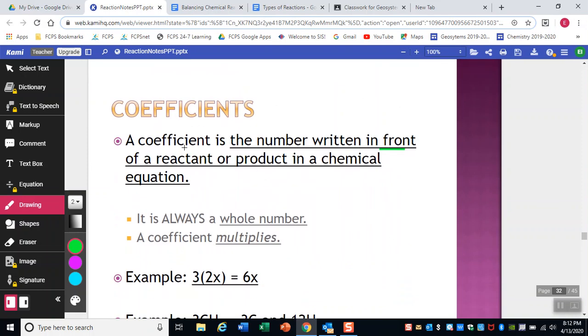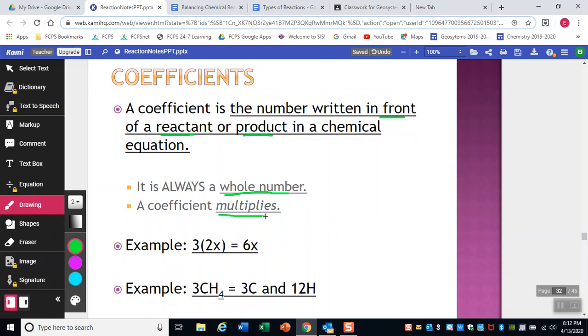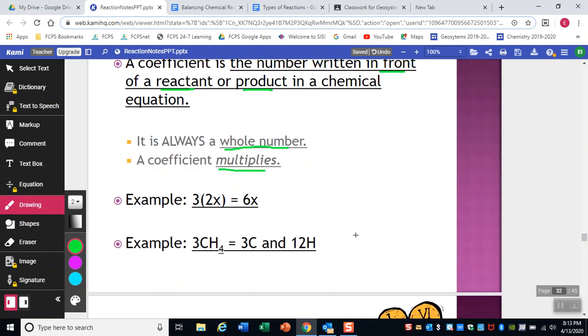So your coefficients are the number in front of a reactant or a product, all right? It's always a whole number, like 1, 2, 3, 4, 5, a counting number. And what it does is it multiplies things, just like in algebra, right? If I had 3 2X's, that means I have 6 X's. If I have 3 moles of methane, that means I have 1 methane, 2 methanes, I have 3 methanes.